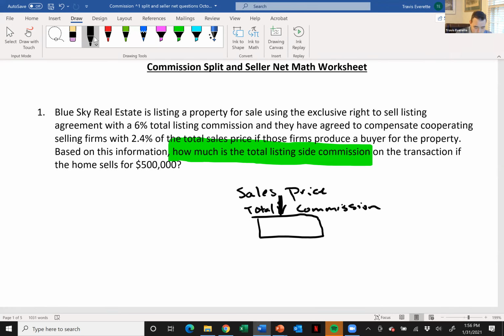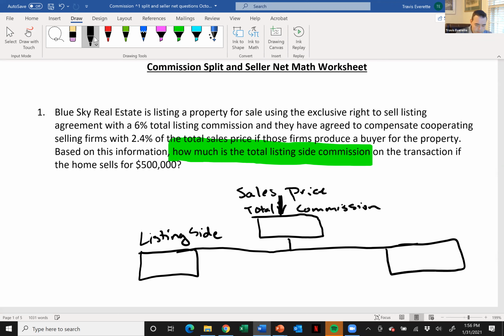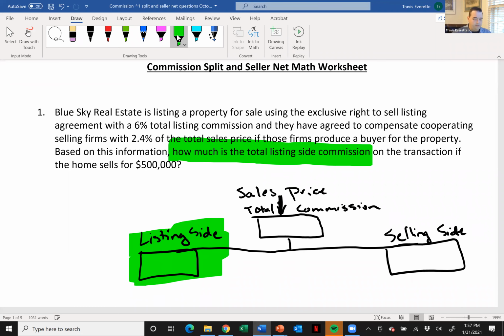And then I know from there, I'm going to split this out into two distinct pieces called the listing side and the selling side. So they want to know how much is the total listing side. So I'm just going to go ahead and highlight that for myself. That's eventually what they're asking me for here.